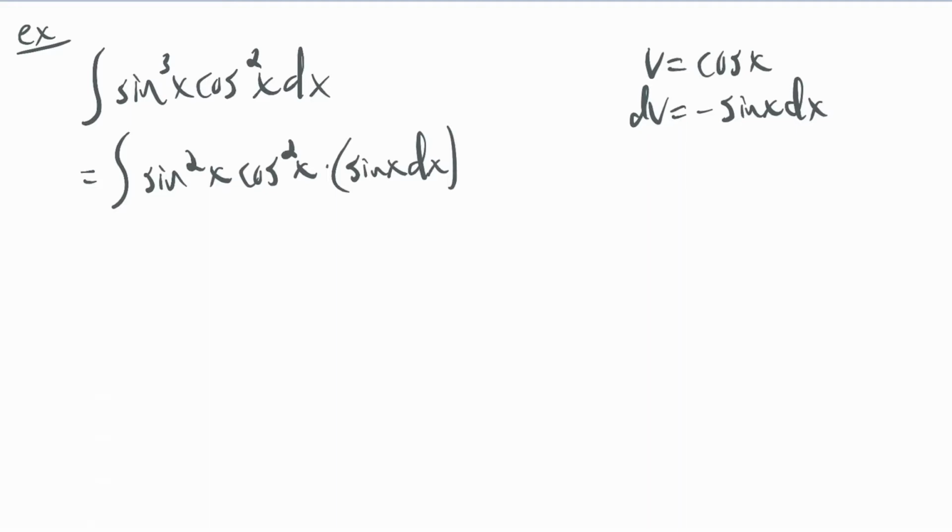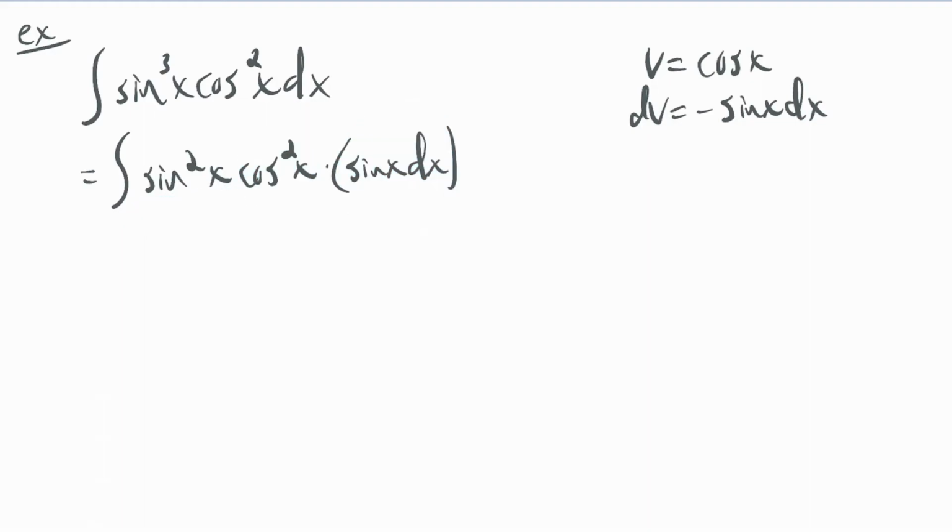Okay, you might say, that's cool, this is dv, this is v squared, but what about this guy? How are we going to handle that? Well, all I've got to do is use the Pythagorean identity. If v equals cosine x, then I can just replace sine squared of x with 1 minus cosine squared of x and then put v in.